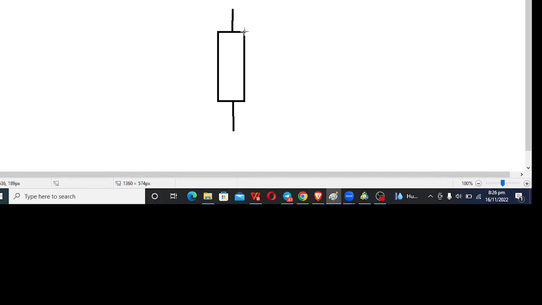From this whole area, kindly ignore the down one, but from this whole area, let me mark it again with a different color. This whole area would be the body of the candle.